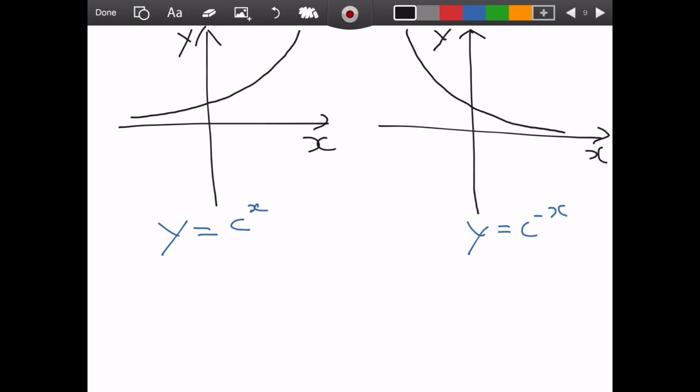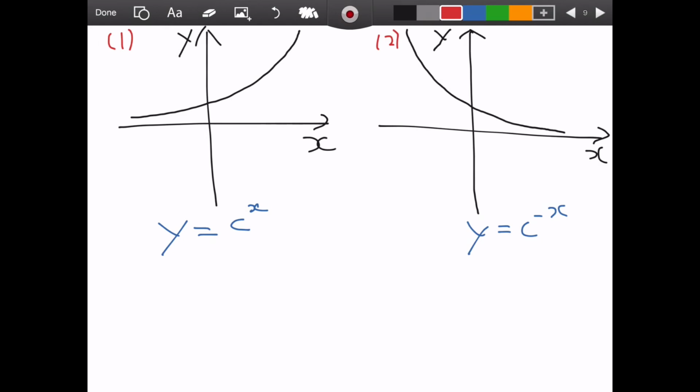One is again an upward kind of graph, and then graph 2 is a downward kind of trend of graph, right? So you can see over here, I put here the equation y equal to c power of x for graph 1, and for graph 2, y equal to c power of minus x. Okay, so what is c? C is a constant, right? It can be 1, 2, 3, 4, 5, any number.